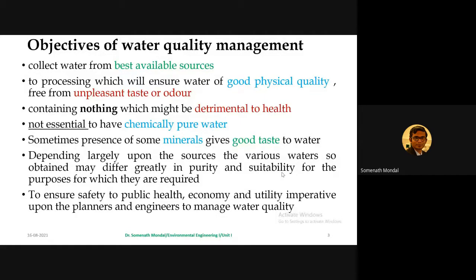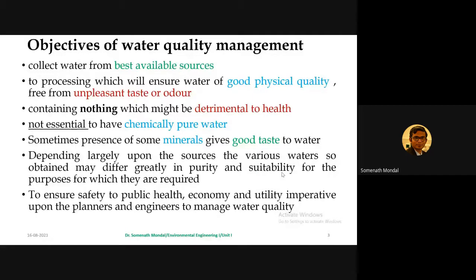So we should be able to recognize good physical quality water which does not have any unpleasant taste and odor, and if we can ensure that and collect that water for our water supply system, that would be most apt and suitable. Moreover, the water should contain nothing which might be detrimental to health.